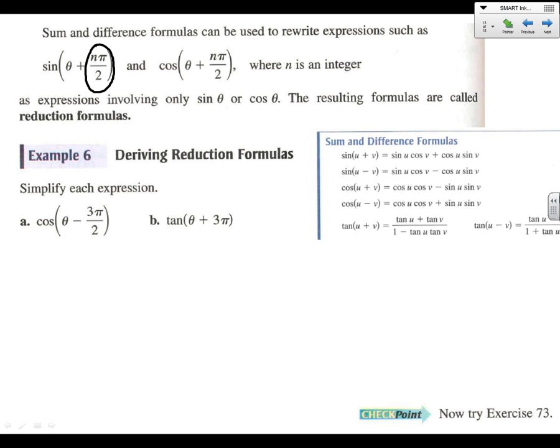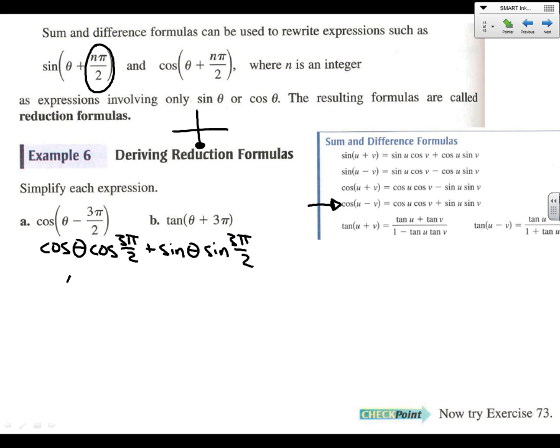So we're using the cosine difference formula. So we've got cosine u, cosine v, plus sine u, sine v. All right, 3 pi over 2 is down here.